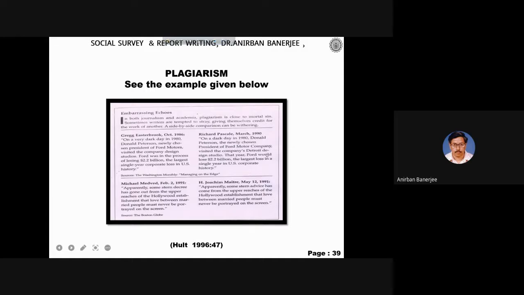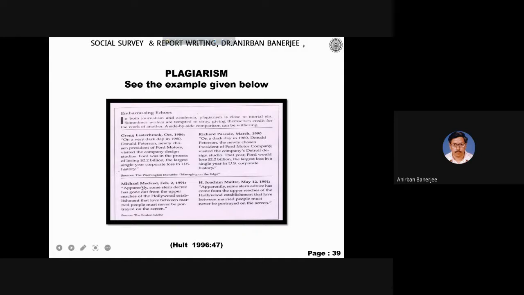That year, Ford would lose $2.2 billion, the largest loss in a single year in US corporate history. Is there not an embarrassing similarity between these two? Virtually word by word.